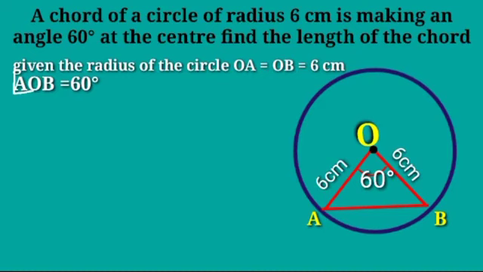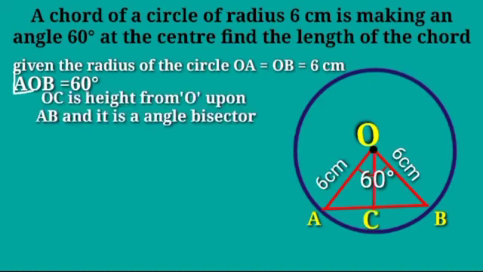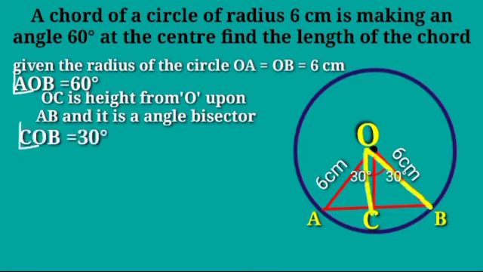OC is the height from O upon AB and it is an angle bisector. Then angle COB is equal to 30 degrees. Consider triangle COB.